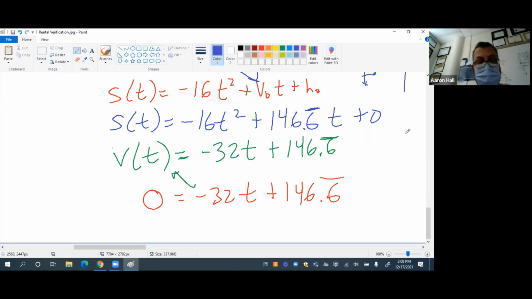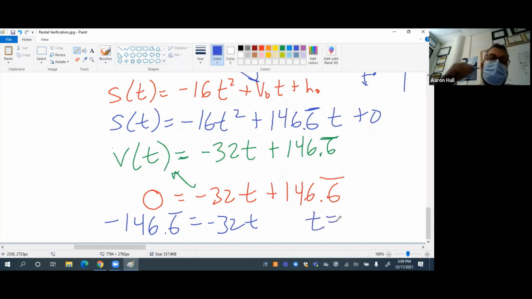And then? Okay, that gives me negative 146.6 repeating equals negative 32t. And that gives me that it takes how long? How long does it take for us to reach that highest point?